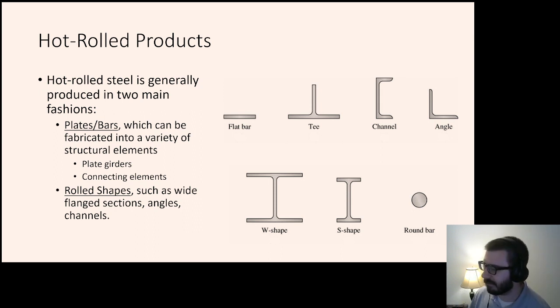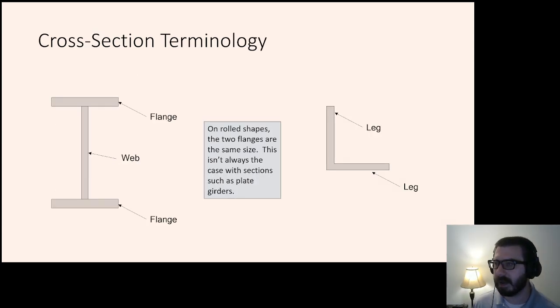Another common shape these days are HP shapes, and HP steel shapes are meant for piles in foundations. They all look like I's, but they're configured differently for different applications. Moving forward, you'll very rarely hear me use the term I shape. I'll probably just refer to W beams or wide flange beams.